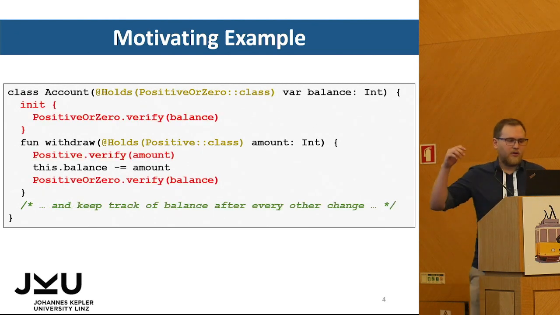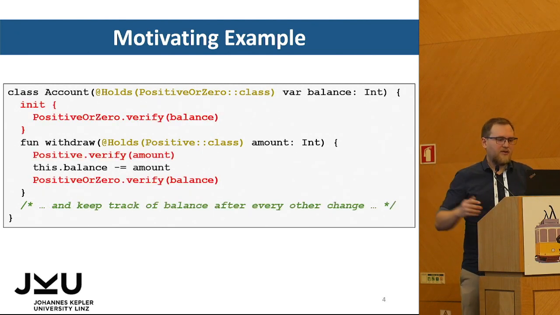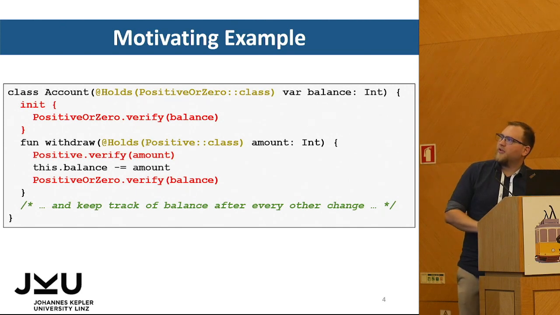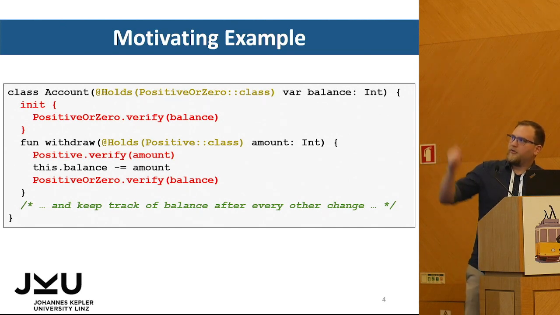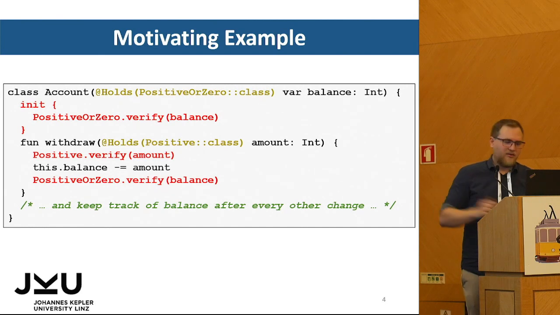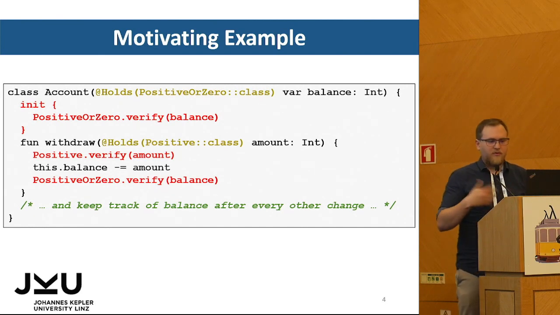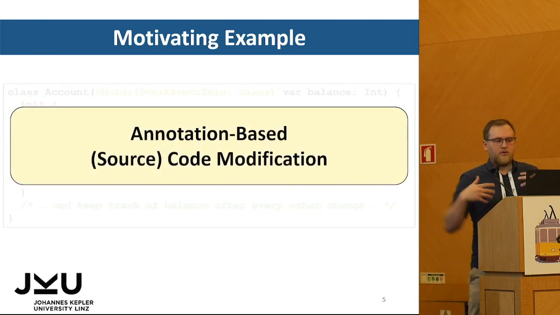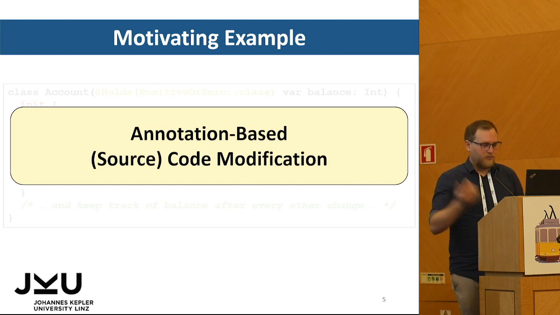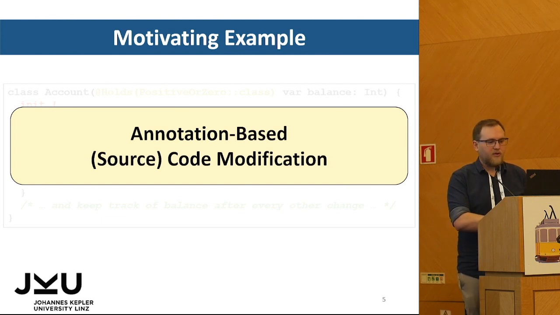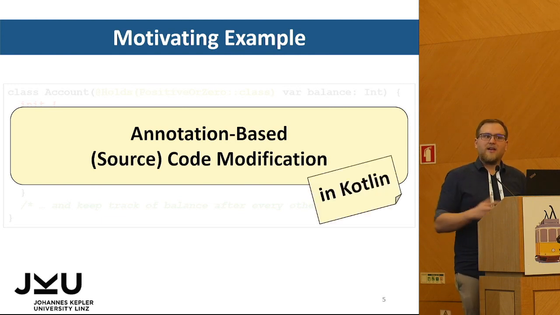So when we create a new account, the balance should be positive or zero, or when we withdraw a certain amount, the balance is still positive. And this should be checked in every function that works with such an annotated property. So this is what we understand as annotation-based source code modification, and we have a look at that in Kotlin.